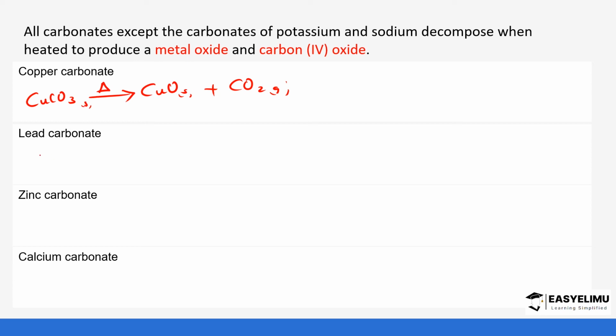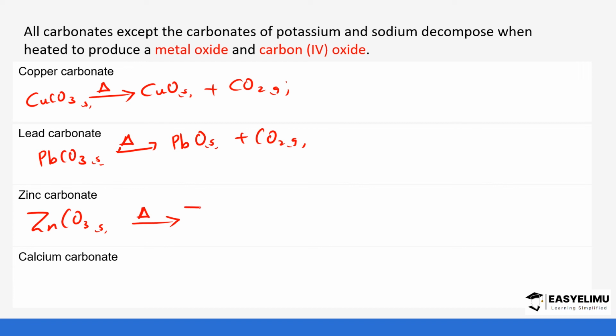Lead carbonate as well, when heated, forms lead oxide and carbon dioxide gas, which is balanced as well. Zinc carbonate in the same manner, when heated, forms zinc oxide and carbon dioxide, and also calcium carbonate, when heated, forms calcium oxide plus carbon dioxide.